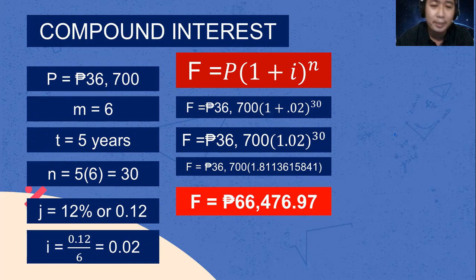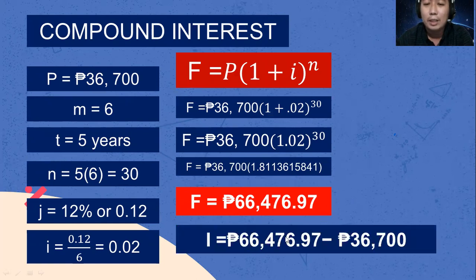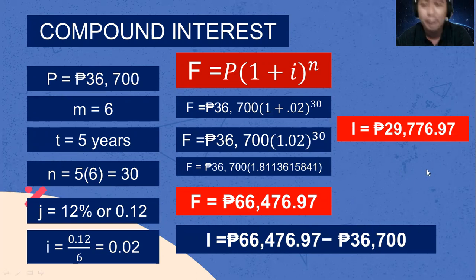How much is the interest? We will just be subtracting the final value and the principal amount to get the value of the interest. So final value minus the principal value, that is 29,776.97. This is the value of the interest on the given problem.